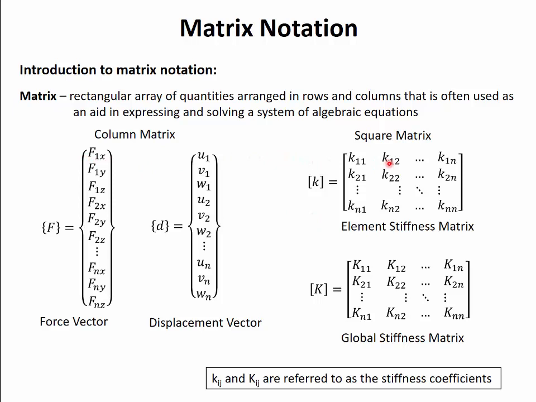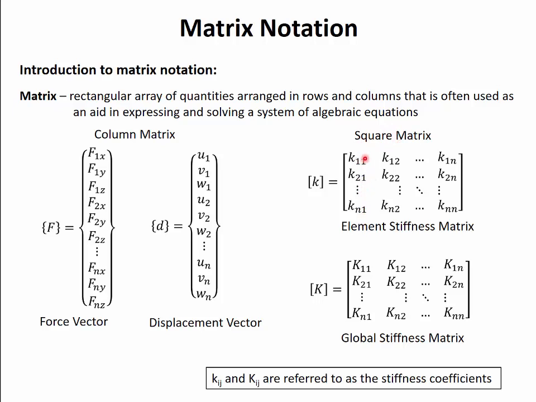It's really important, the order of these numbers. The first number represents the row that it's in. If you notice along this top row, they're all K1 and then another number. In the second row, it's K2. In the bottom row, it's KN. And the second number is the column that it's in. So the first column are all K1.